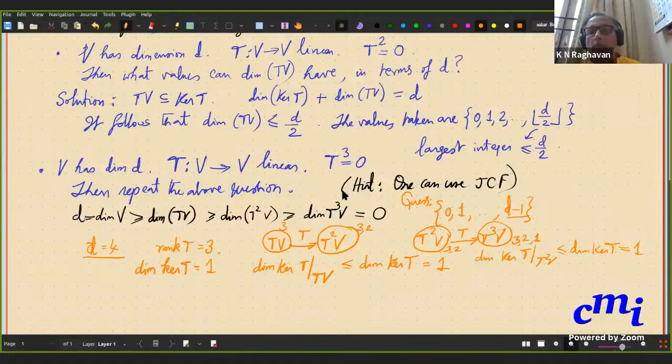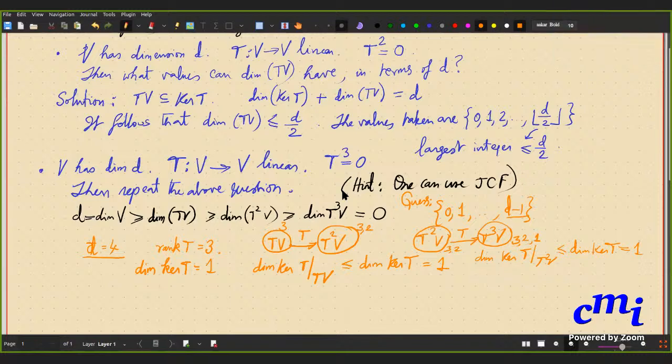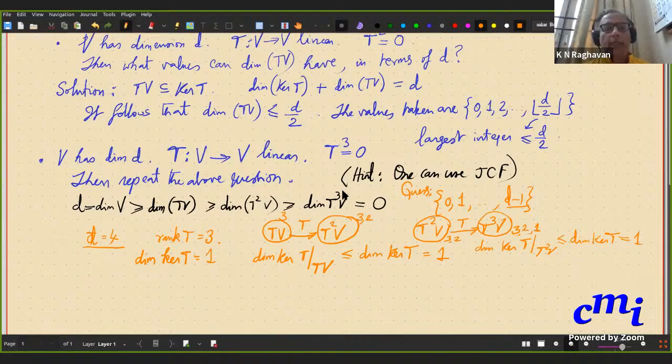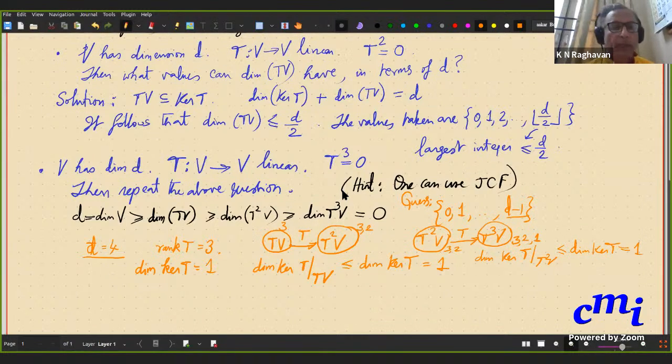Is this argument clear? So the thing is, it looks like a complicated argument, right? The reason why we have theorems in mathematics is that they help us.